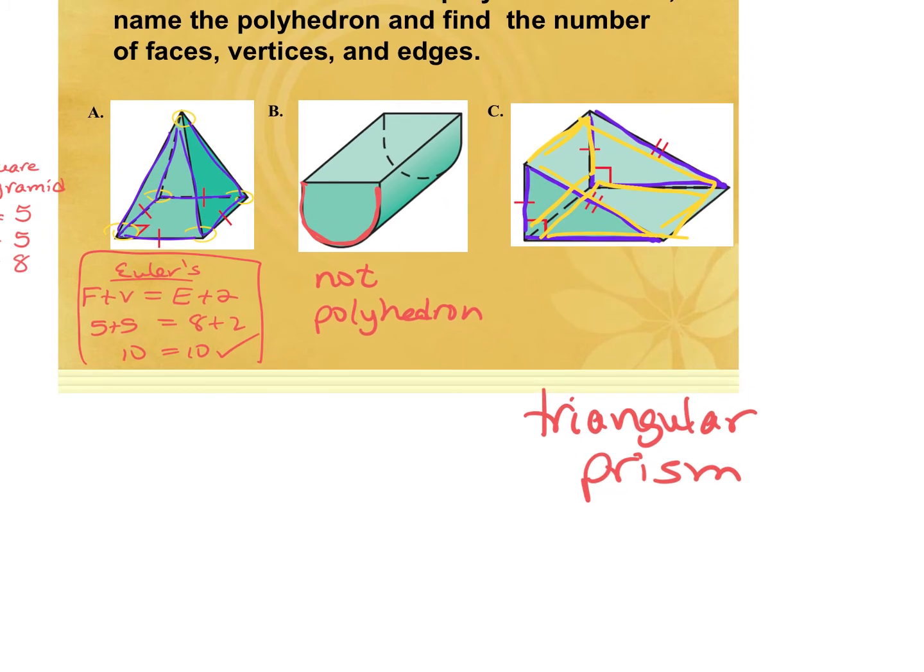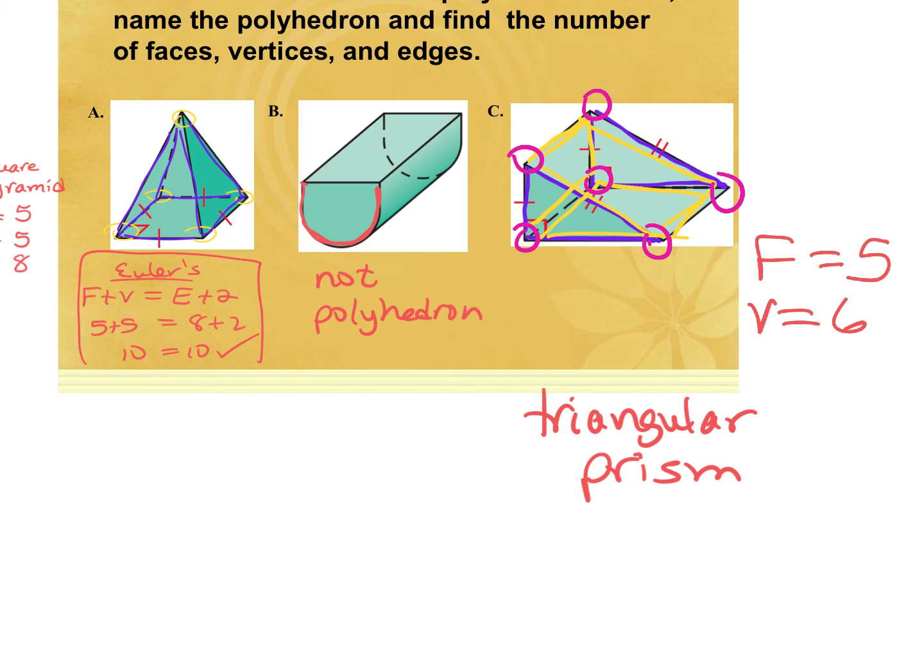I have 5 faces. I have three rectangles or 3 parallelograms and 2 triangles. And then I have 6 vertices. So I have a vertex 1, 2, 3, 4, 5, 6.